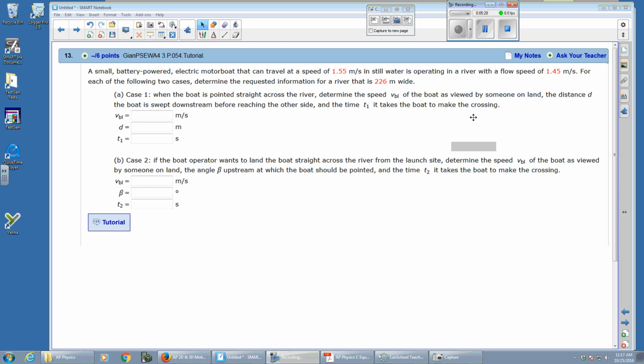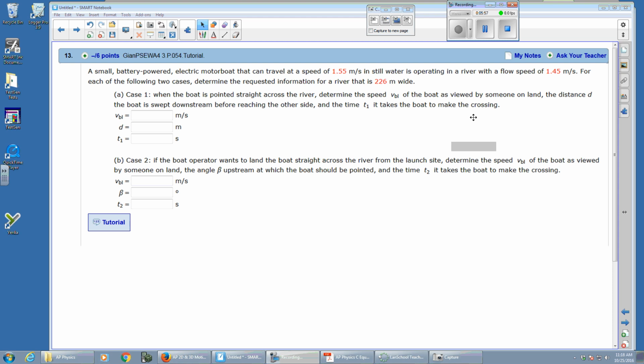A small battery powered electromotive boat can travel at this speed in still water. It's operating on a river. So you guys realize the code from last year, right? If it can do that in still water, that means that's the magnitude of its velocity always compared to the water. So still water really means in the reference frame of the water. It's a common way of saying it.